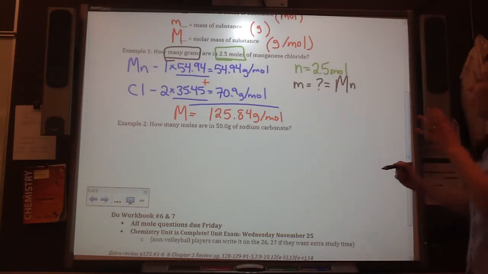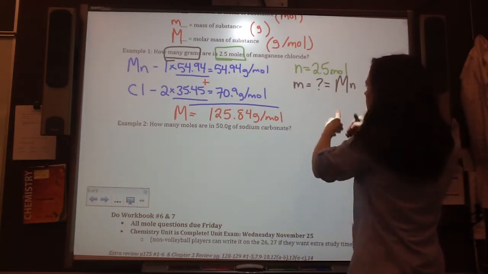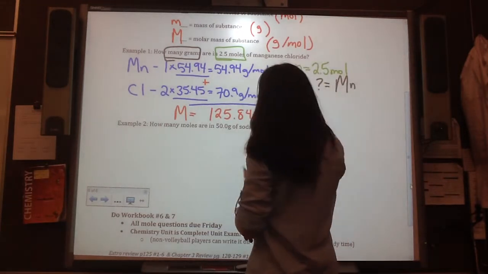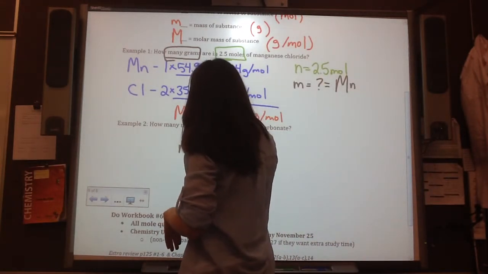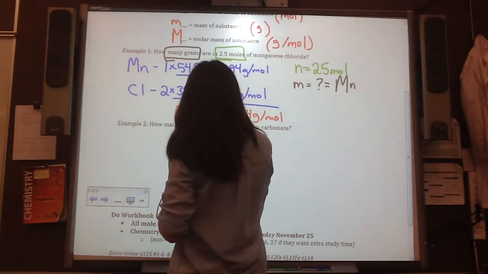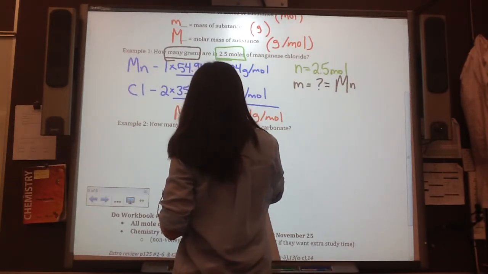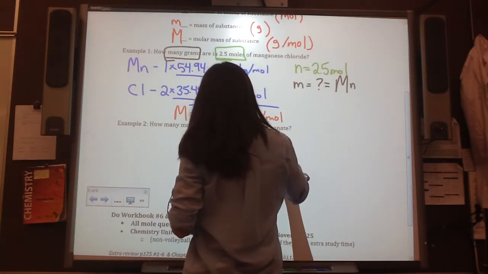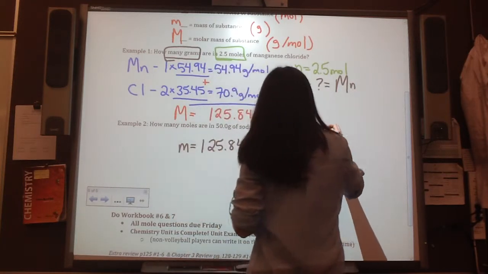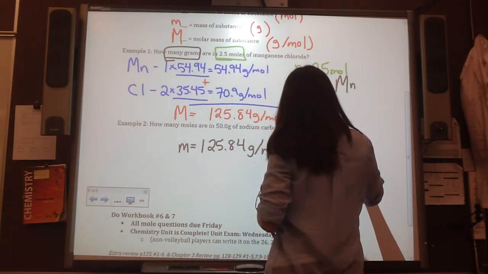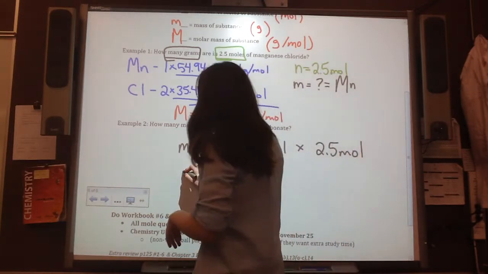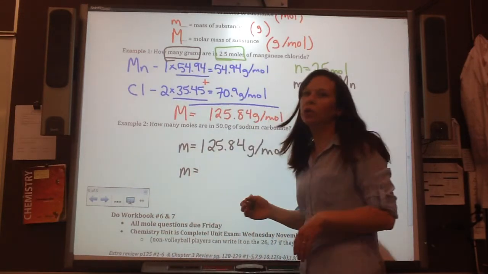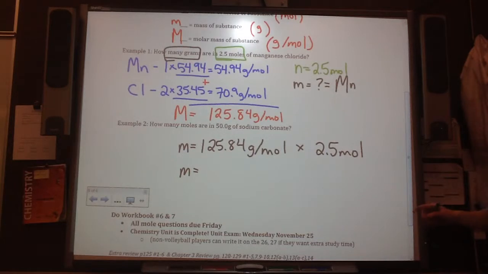Sorry about that. Okay, so now we can just plug our information into this formula. So little m is equal to big M, 125.84 grams per mole, multiplied by 2.5 moles. So I'm still doing example 1. I just moved down.